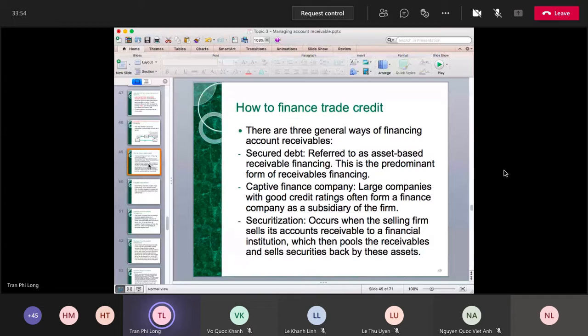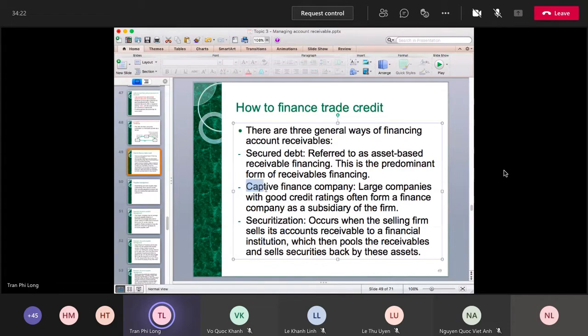Factoring means you sell the account receivable. However, for secured debt, you don't sell the account receivable. You just use it as collateral, and you still have the right to collect the payment from the account receivable. Remember that.